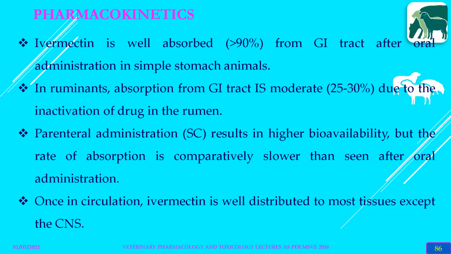Most of the drug gets inactivated, and parenteral administration, especially subcutaneous, results in higher bioavailability, but the rate of absorption is slower than after oral administration. This is very surprising because whenever you administer subcutaneously, there should be a higher concentration. But the specialty of this drug is that the rate of absorption is less.